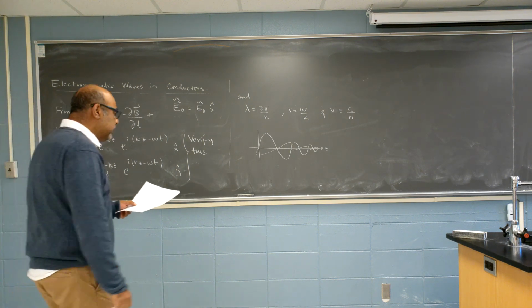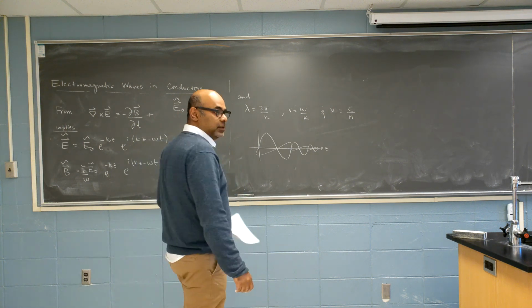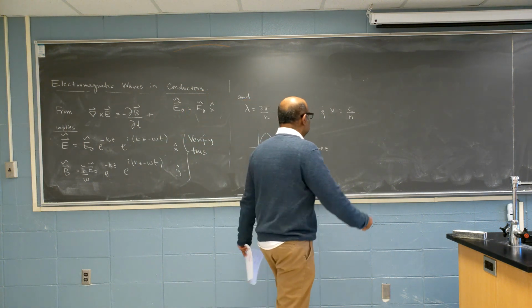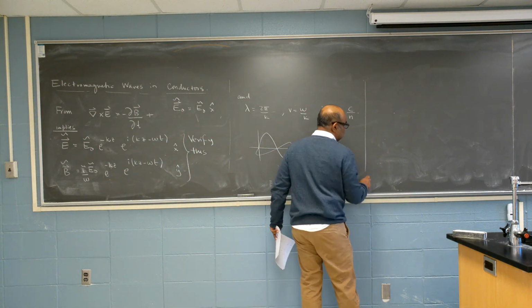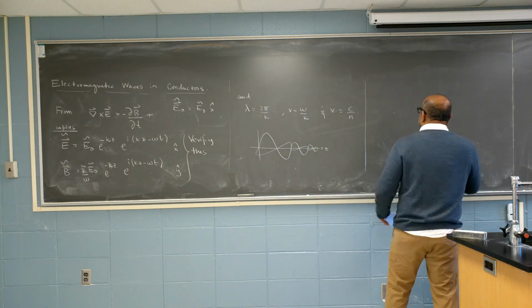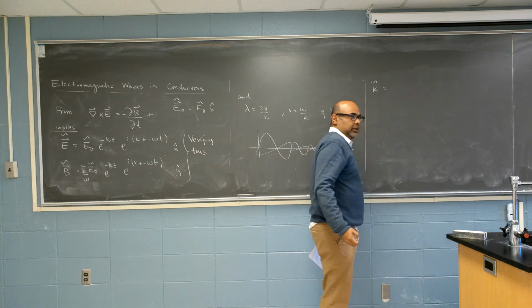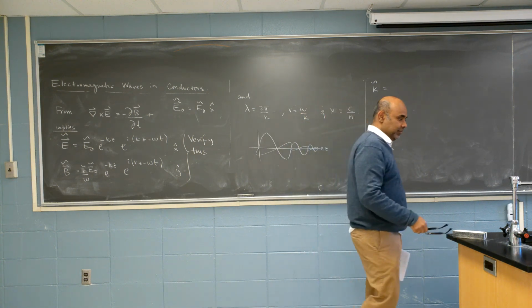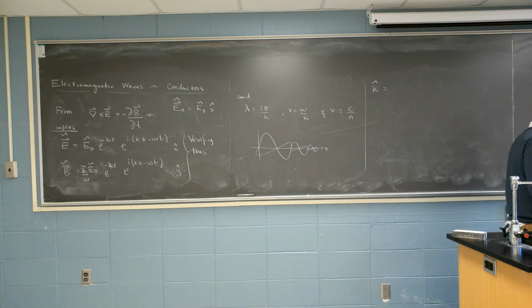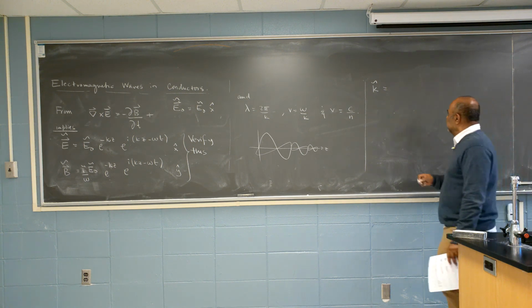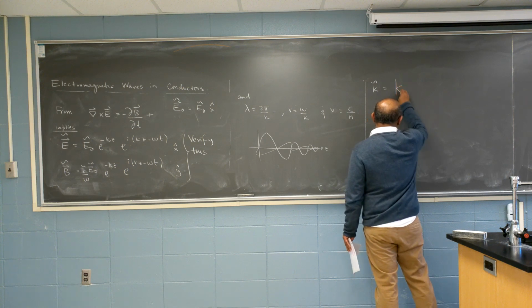Let's talk a little bit about the relative phases of E and B. Again, they're not in phase. So I'm going to write any complex number. Any complex number can be written as amplitude times e to the I, some phase, correct? So this is my magnitude.